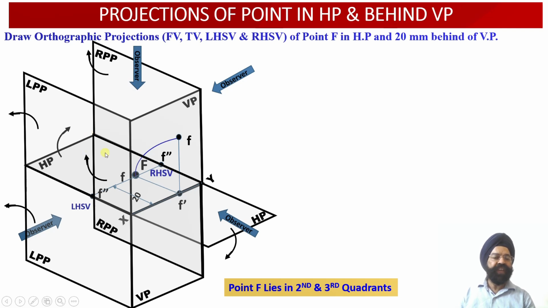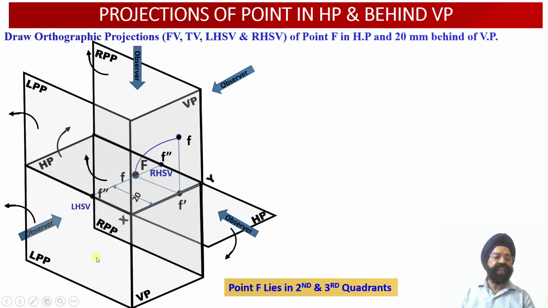So whether we assume this point to be in the second quadrant or in the third quadrant, we are going to obtain the same projections, because even in the third quadrant the horizontal plane would have moved in the upward direction, the left profile plane would have moved in the leftward orientation, and the right profile plane would also have moved in the rightward direction, because this point F lies on the common horizontal plane, which is the common boundary between the second quadrant and the third quadrant.